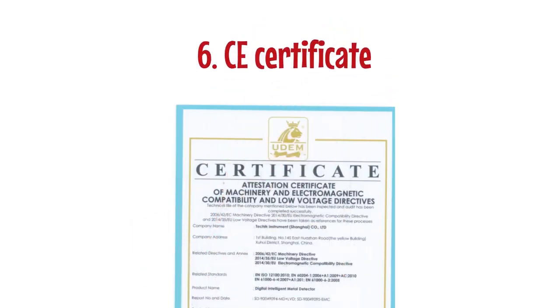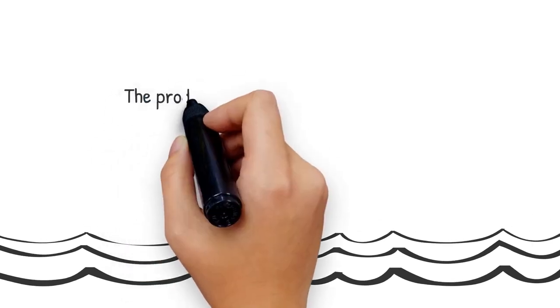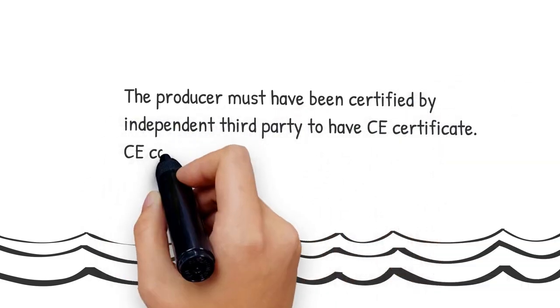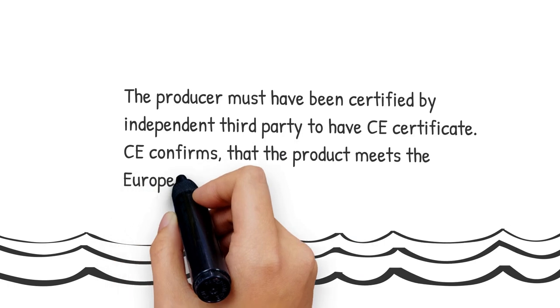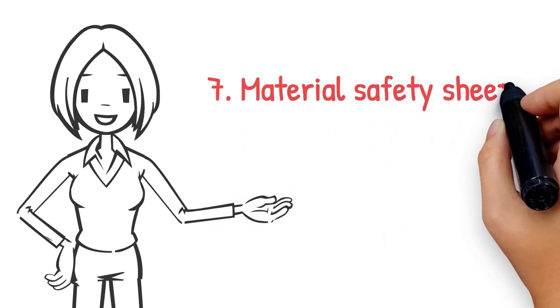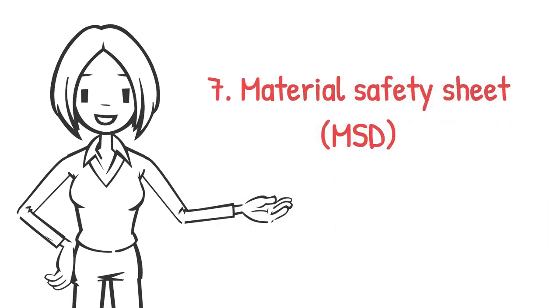6. CE Certificate. With all the products, the CE certificate is required in trading with Europe. The producer must have been certified by an independent third party to have a CE certificate. CE confirms that the product meets the European Union safety standards. 7. Material Safety Sheet. Sometimes this document is required by the importing country's customs. This doc can be issued by the exporter and must confirm that the product is not harmful to humans and nature.